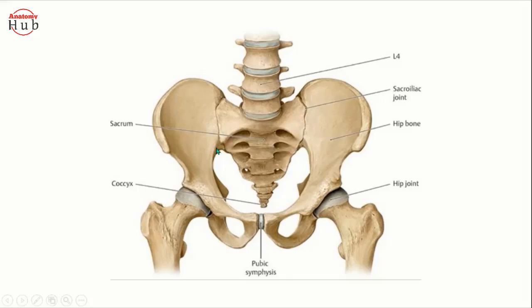So here you can see the anterior view of the pelvic girdle along with the hip. Here you can see the articulation at the sacroiliac joint and the pubic symphysis, that is supported strongly by the sacroiliac ligament, the sacrotuberous ligament and the sacrospinous ligament that we have discussed in our previous videos.